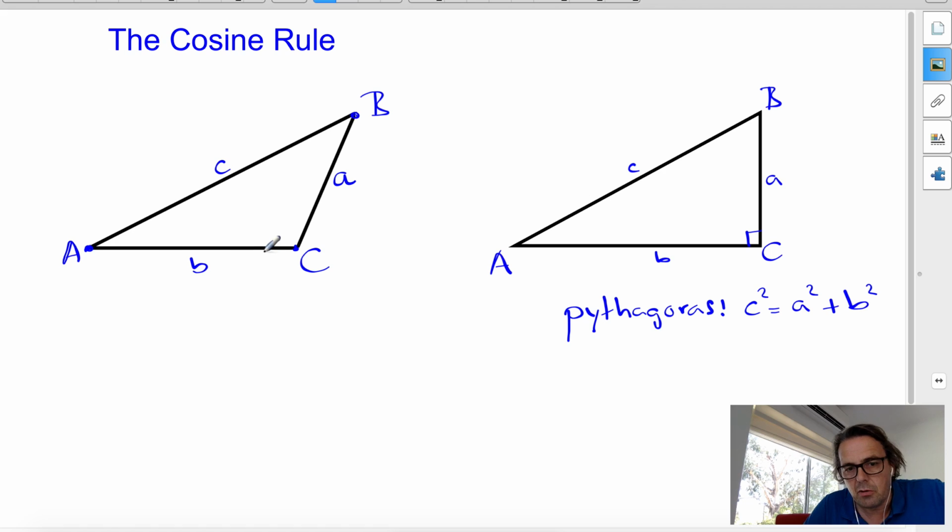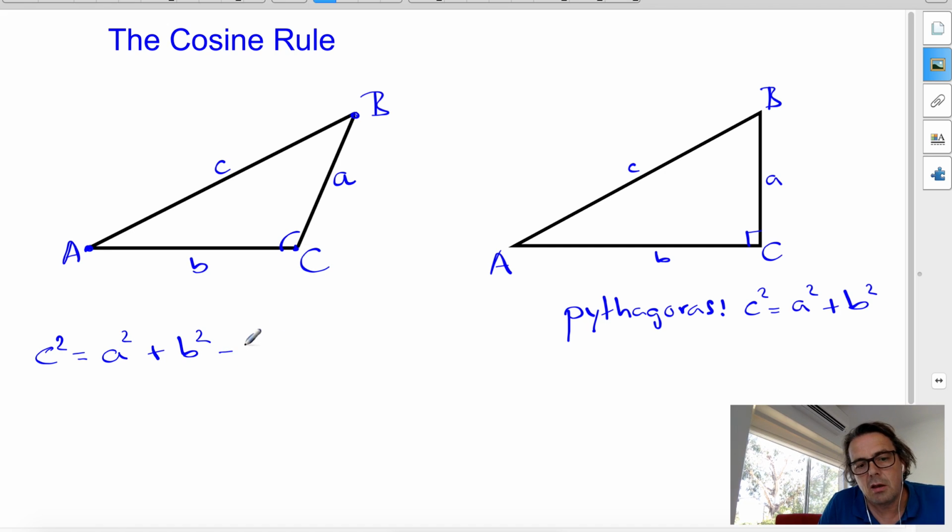So obviously c squared is not the same as a squared plus b squared. But it turns out though that it's pretty close, or at least there is a formula which has Pythagoras in it. The formula is called the cosine rule, and it's like this. c squared is indeed a squared plus b squared, but we have to make up for the fact that this angle is not 90 degrees. How do we do that?